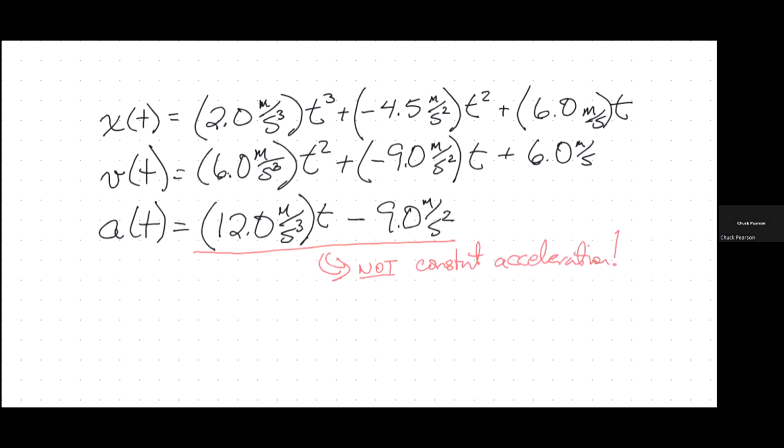That's not constant acceleration. That is an acceleration that is changing as a function of time. That's an acceleration that starts out going backwards, slowing down at a rate of 9.0 meters per second squared, but very, very quickly turns tail and represents something that starts speeding up.